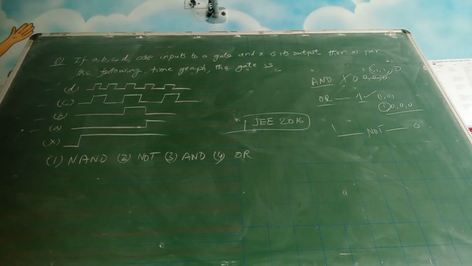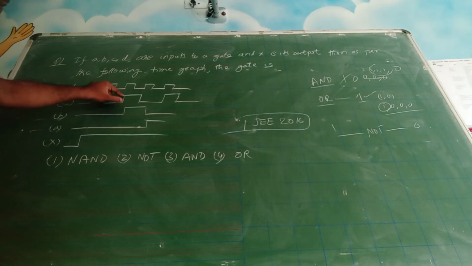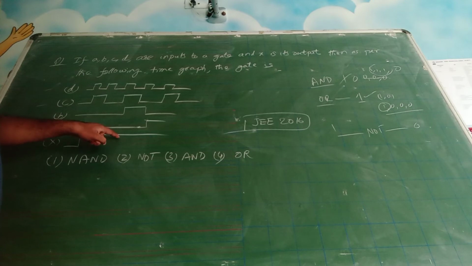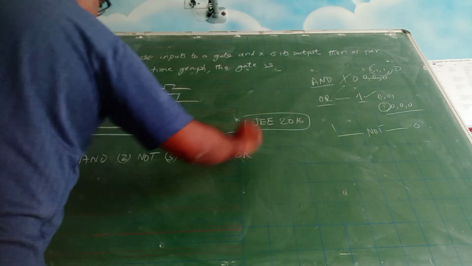Now, which of these gates have more possibility of getting that? If you look at these inputs, this is becoming 1, but this is remaining 0 and this is 0. But at least one of the inputs is 1. Here also, if this is 1 but this is 0, you are still getting 1 as the output. So OR gate is the possibility.